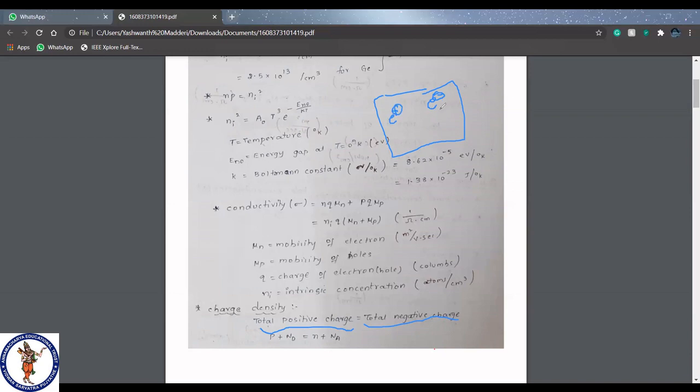This is the hole and this is the electron. Coming to the donor charges, ND, if it donates something, it gets a positive charge, since it is giving something. And the acceptor, NA, is accepting something, so it has a negative charge. By summation, these two are equal.